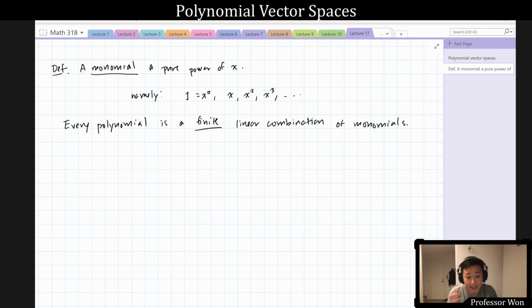Now we're getting kind of vectory, kind of linear algebra-y. You take all these monomials, and you can scalar multiply by constants, by real numbers, and you can add them together, and you can build any polynomial that you want. Let me write this polynomial down again, so we can look at something.